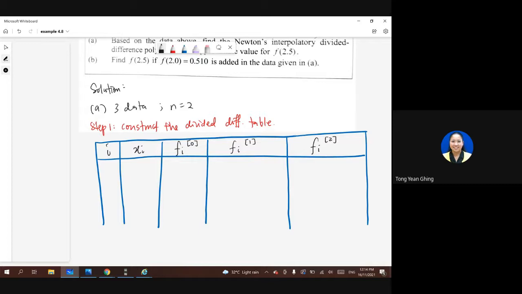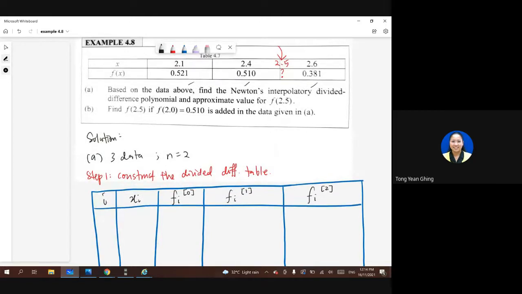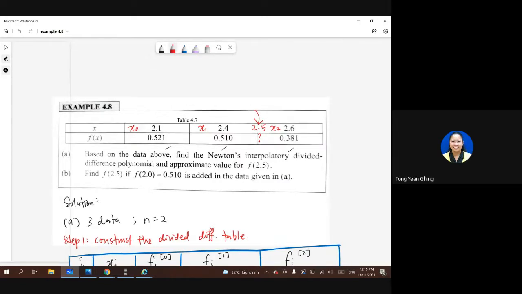So second degree based on N. So kita ada data point yang diberi adalah, okay, so we assume, so this one become X0, this one become X1, this become X2. Okay, so this is Y ataupun F. F0, F1, F2.